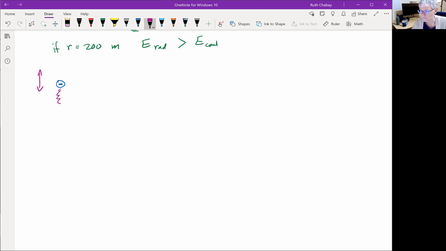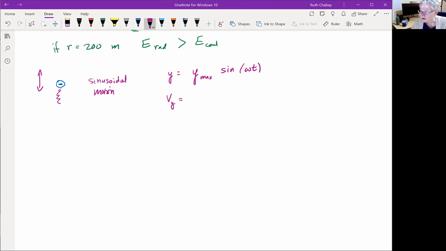So we'd get sinusoidal motion. So we'd get the y position is its maximum position times sine of some frequency omega times t, which depends on the stiffness of that bond, right?